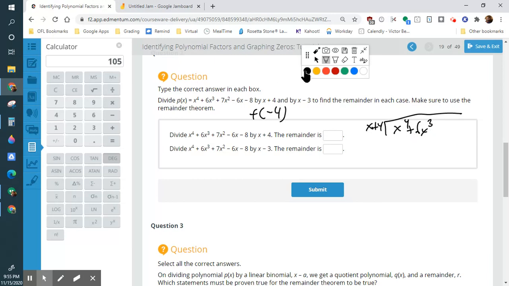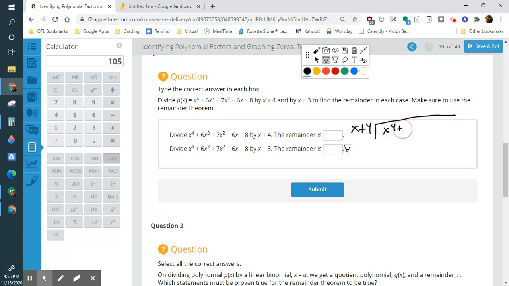For synthetic division, you do the opposite sign, so if it's x plus 4, you use -4, and you only write the coefficients. So this is 6. Oh, you know what? Just to not confuse you guys, I won't do synthetic division until later. I realize you guys should get more practice doing this.